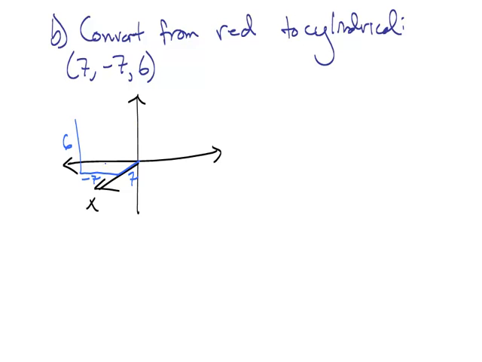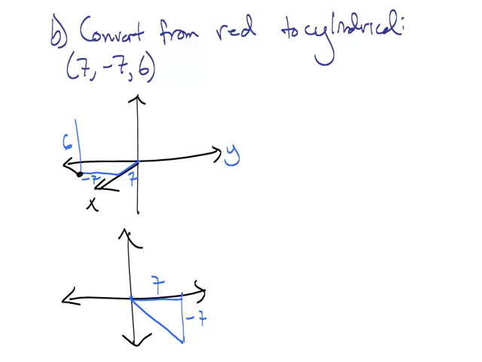Alright, so we're going to sort of look then at the xy plane here. Let me just pull that part out, because really we just need to get the polar coordinates of this point right here, where I go 7 units to the right and 7 units down. What is this angle? Actually, let me do that in a different color so we can see where it's going to lie here.